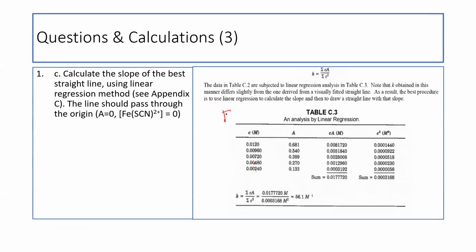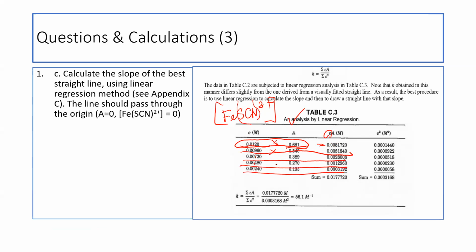This is your iron thiocyanate 2+. You have already done it. Absorbance is measured also. Now you have to multiply every value of concentration by absorbance for the first row, for the second row, for the third, and so on. And the results will be here.